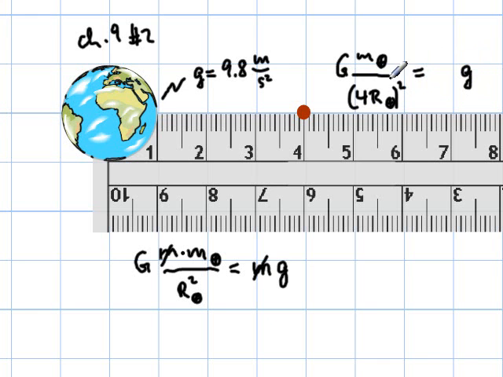Well, how much? 1/4 squared, which is a 16 denominator, or 1/16 of g, and therefore g out here is going to be 9.8 divided by 16, which is 0.6 meters per second squared. So relatively small, but definitely there.